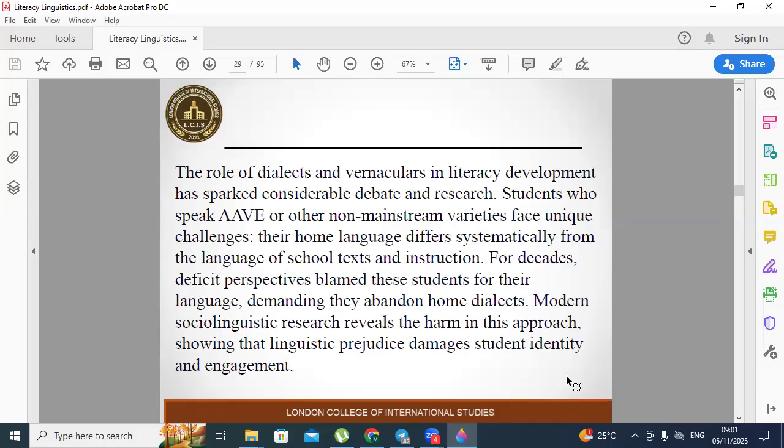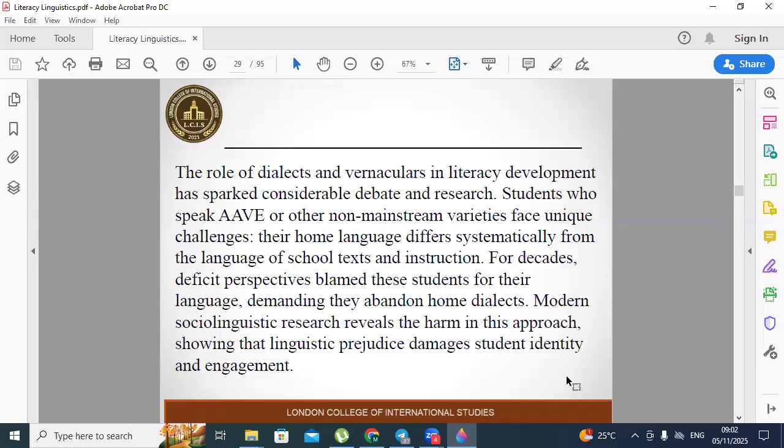Third, it means incorporating texts that reflect linguistic diversity, books where characters speak in authentic dialects, texts written in vernacular varieties. This validates students' home languages while also exposing them to different varieties.